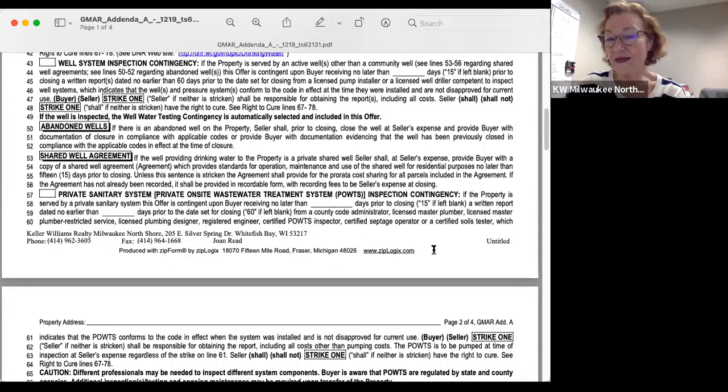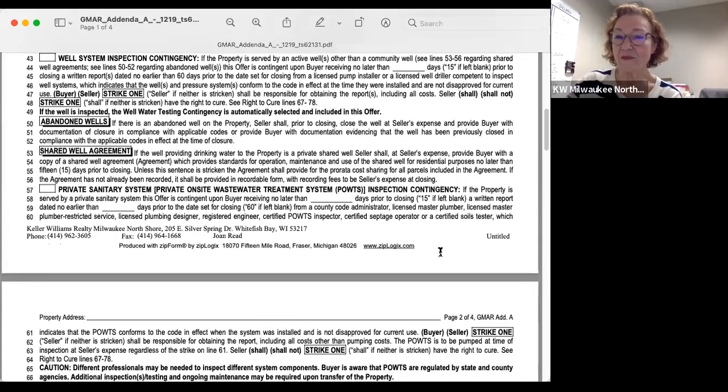If it is a private shared well, say between two neighbors, there should be an agreement. It should be then recorded, and that agreement should be in a recordable form. Based on the particular situation with this, make sure that you have that understood. Otherwise, you want to cross this out.